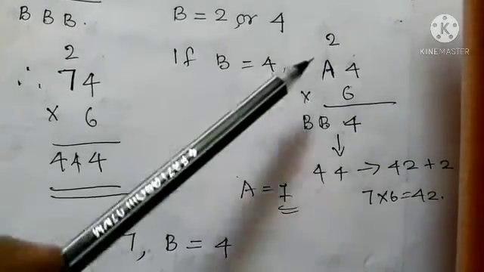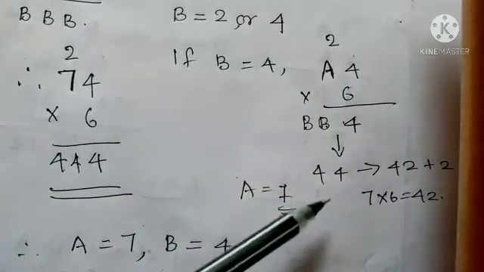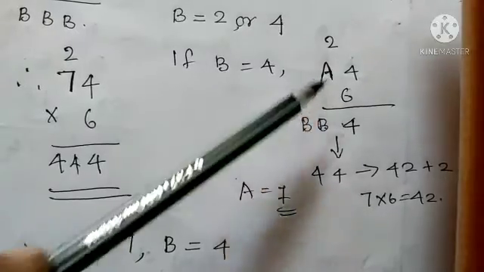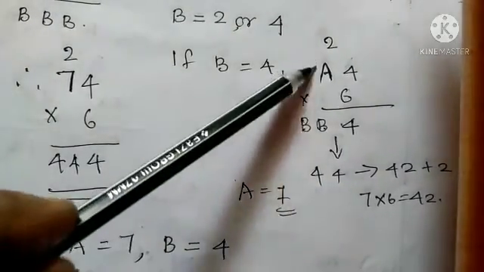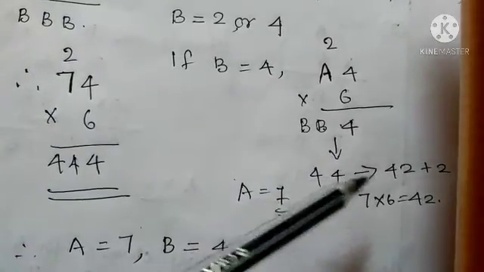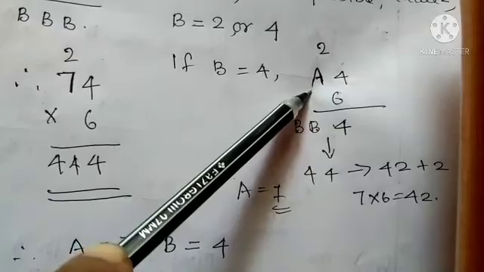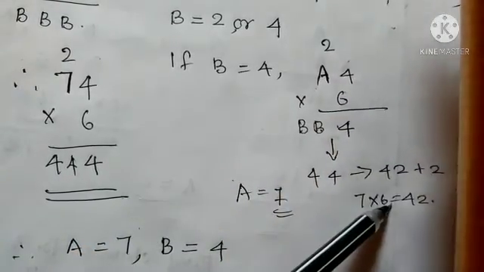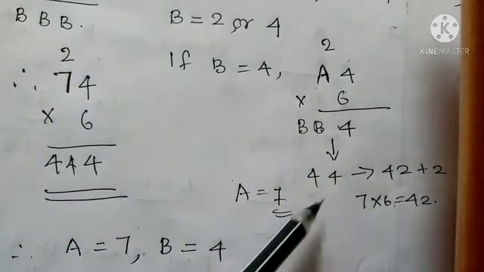44 with 2. That means a number plus 2 is 44. 6 into which digit is 42? 42 plus 2 is 44. So to get the product, which digit should be added here? 6 into 7, 42. So 42 plus 2 will become 44.